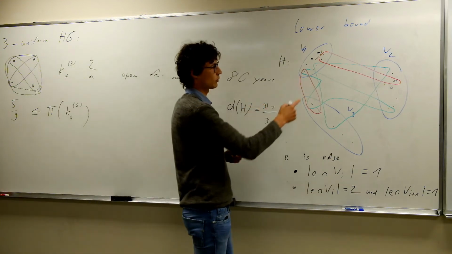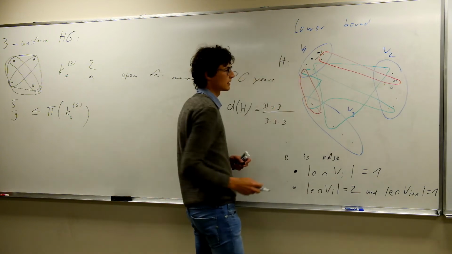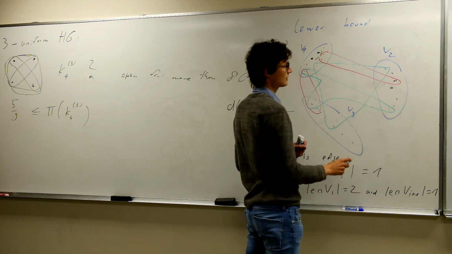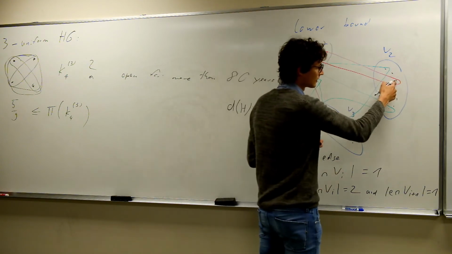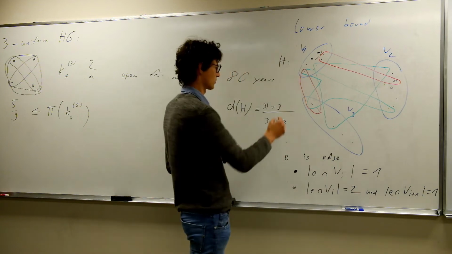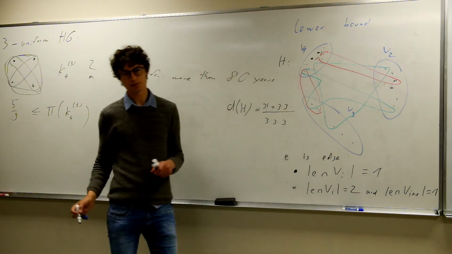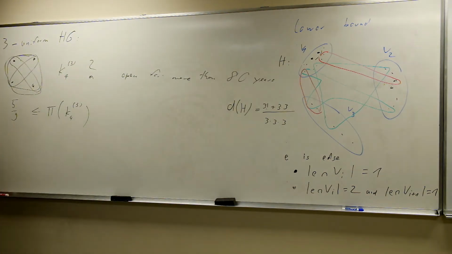And I have all the red edges. For the red edges I have 3 possibilities to choose the set, so 2 here, 1 there. And for those 3 I have basically picked this vertex in 3 possibilities given. So that gives me 6 plus 9, 15 over 27. It's exactly 5 over 9.